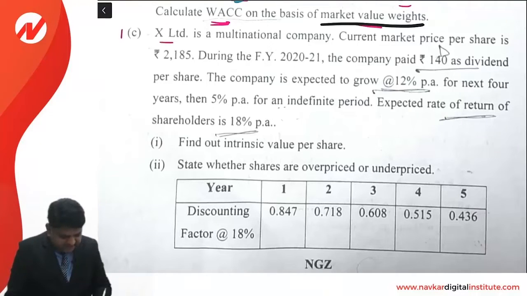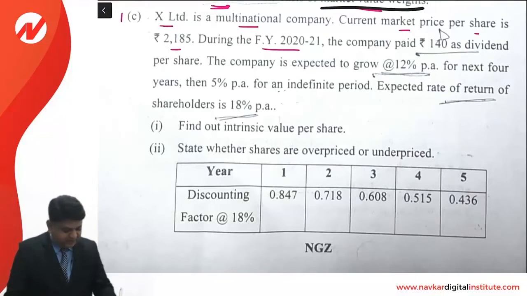X Limited is a multinational company. Current market price per share is rupees 2185. That is P0 is given to us. During the financial year 2020-21, the company paid rupees 140 as dividend per share.